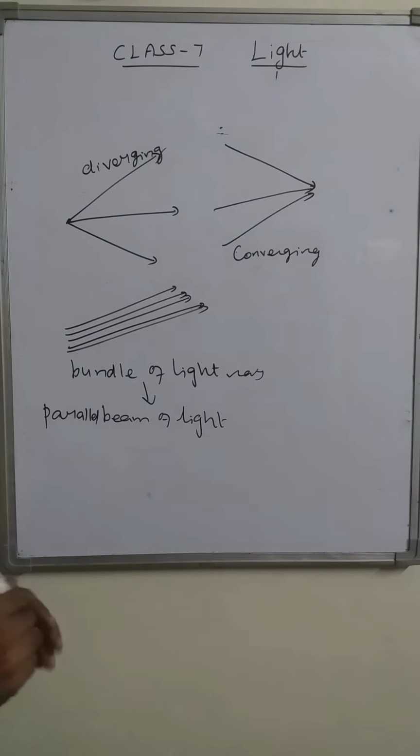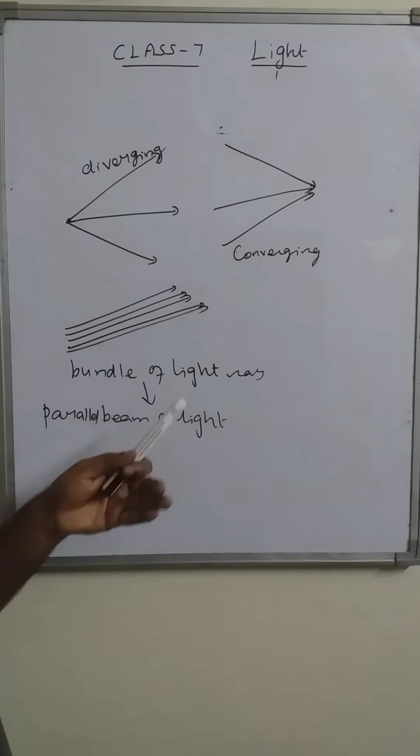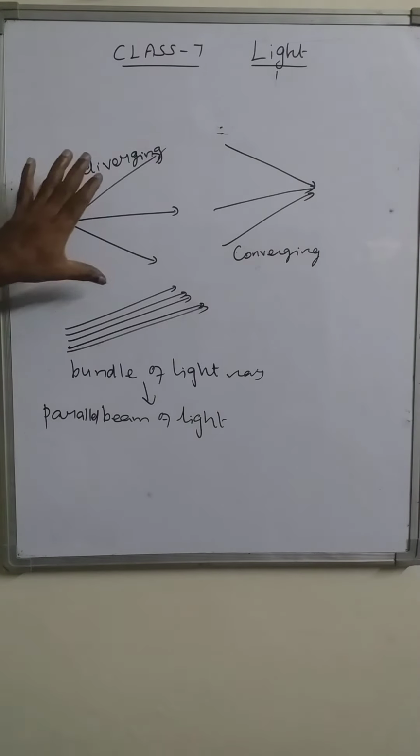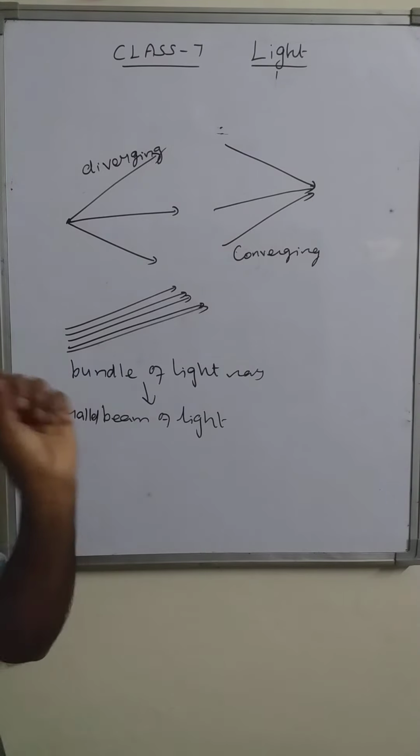Because the single path of light is very small and hard to imagine. To study light, we always take the beam of light. For example, from a laser we get light that travels as a beam.